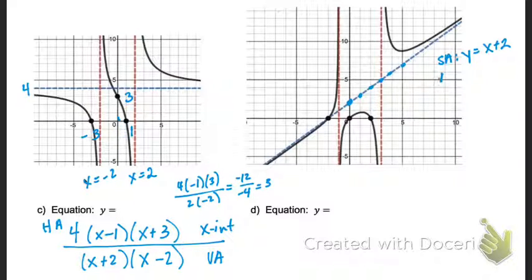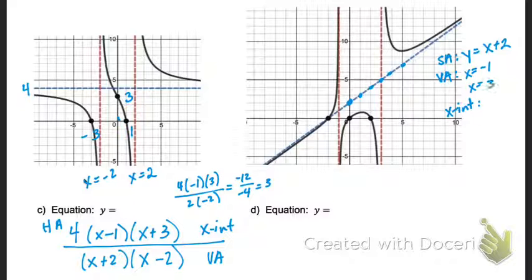We have vertical asymptotes where? -2, -1, -1 was what I mean. And I can't count. What's this? We have x-intercepts. It's a 3, not 4. That's -1 and 3.